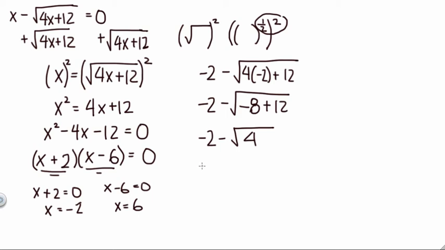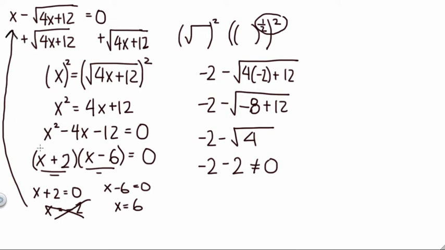So we get negative 2 minus 2, right? And that is not equal to 0. So negative 2 is not a solution for our original equation. But it is a solution for the squared equation.